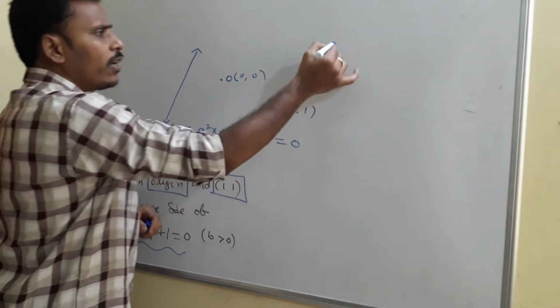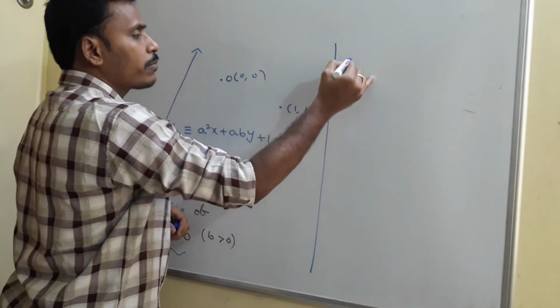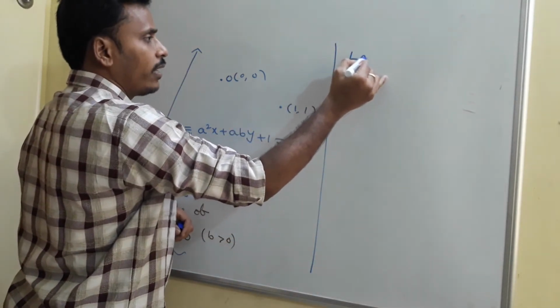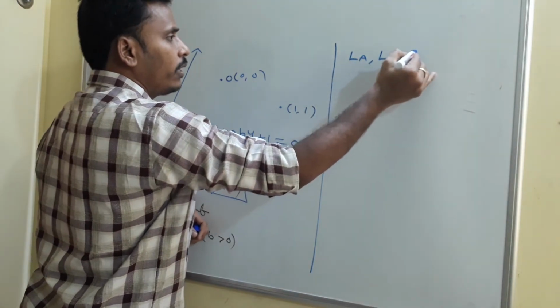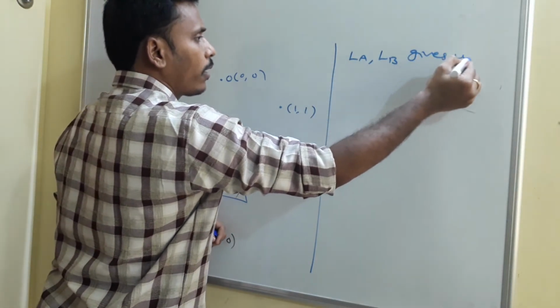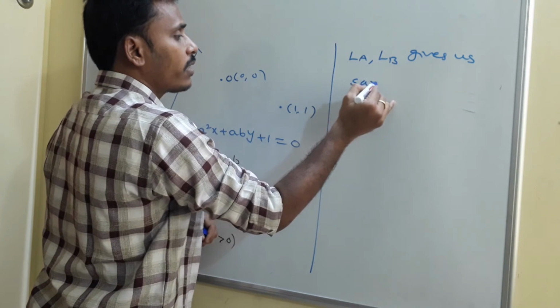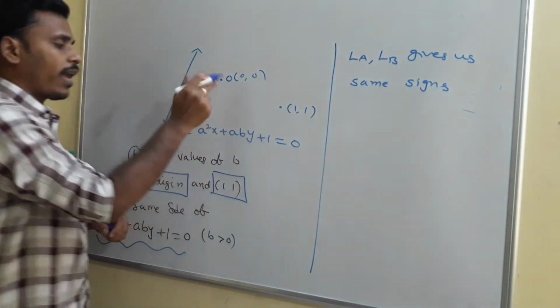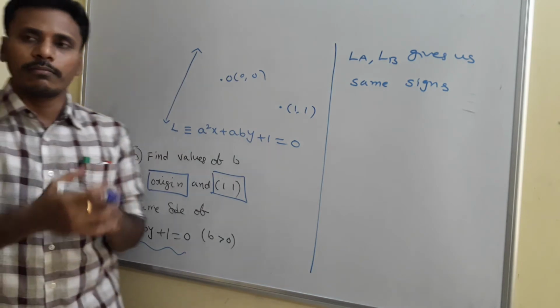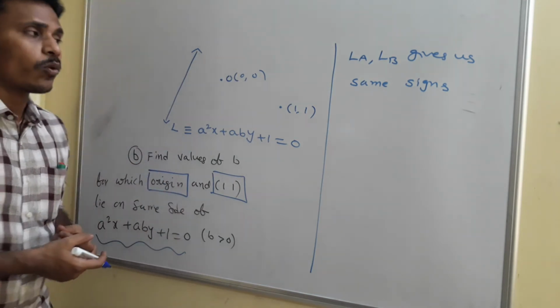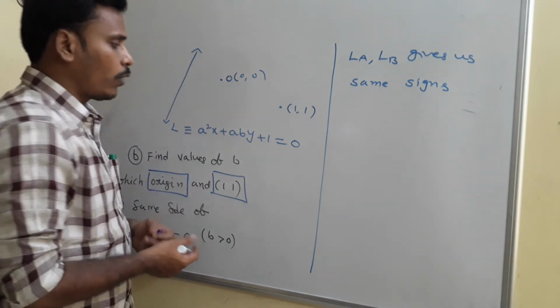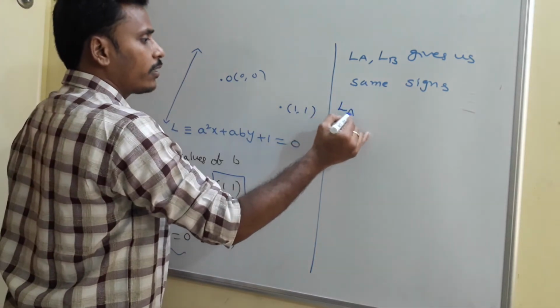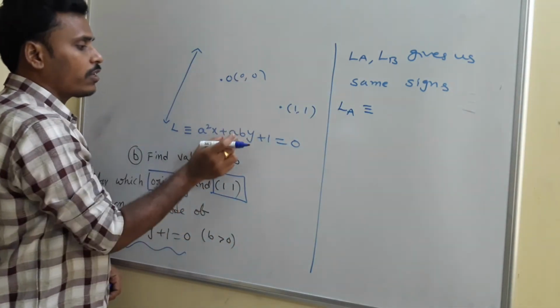And we know that if 2 points are on the same side of the line, then L(A) and L(B) give us the same signs. As I told you, if you substitute a point in the line, you will get a sign. For B also you have to get the same sign, either positive or negative. Then what is L(A) here? L(A) means substituting the origin in the equation.